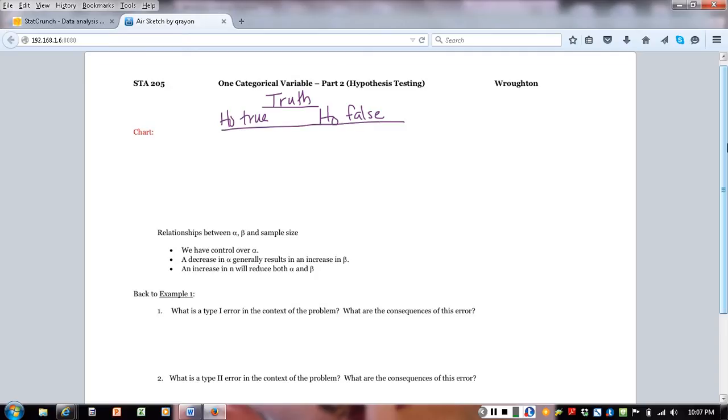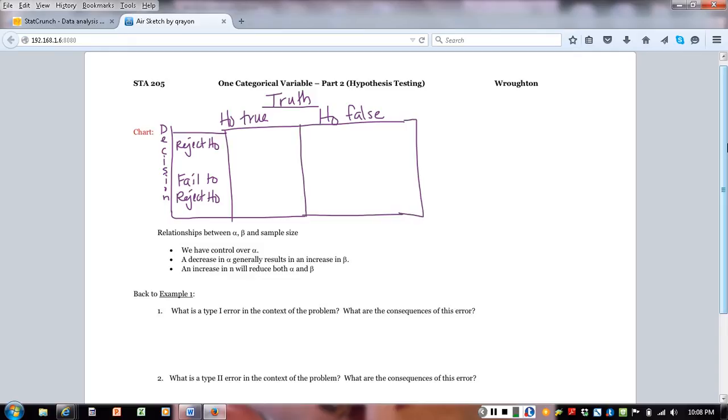And then, of course, we have our decision. We can either reject the null hypothesis or fail to reject it.